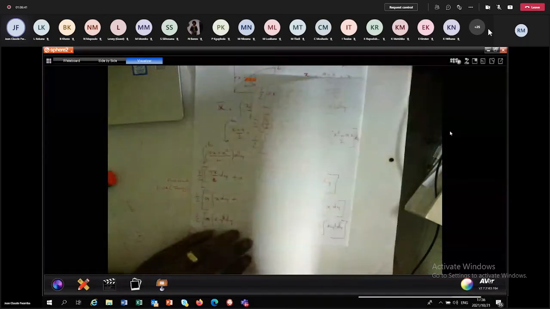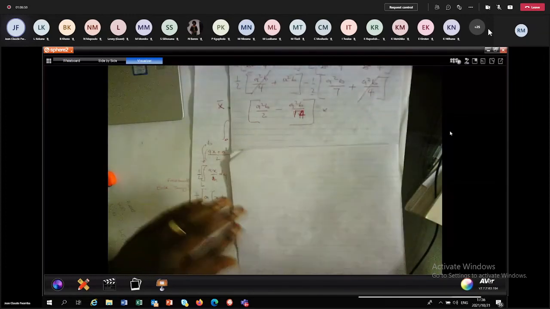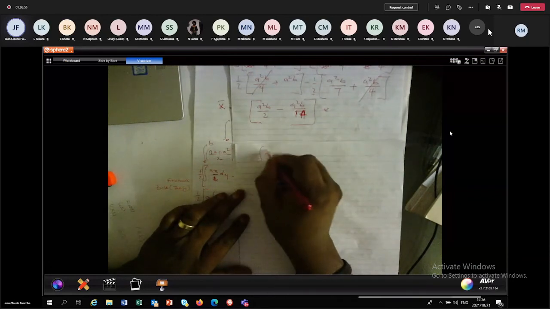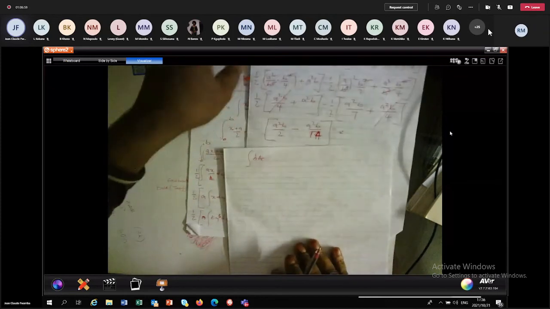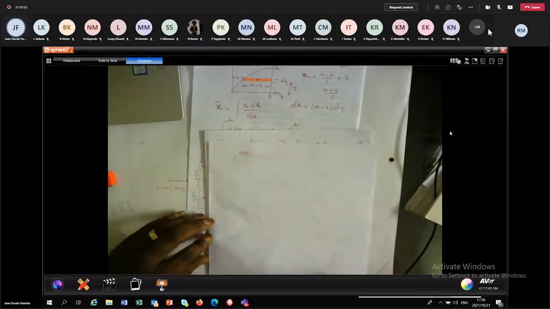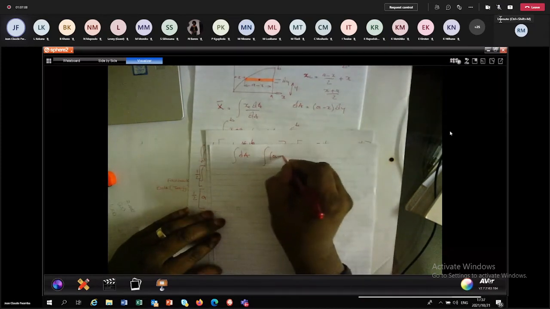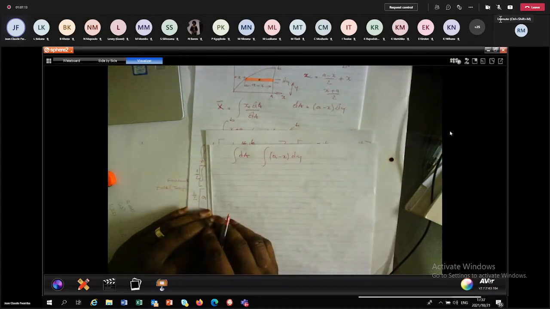Into your denominator, remember it was the integration of dA, and dA was (a minus x) dy, right?